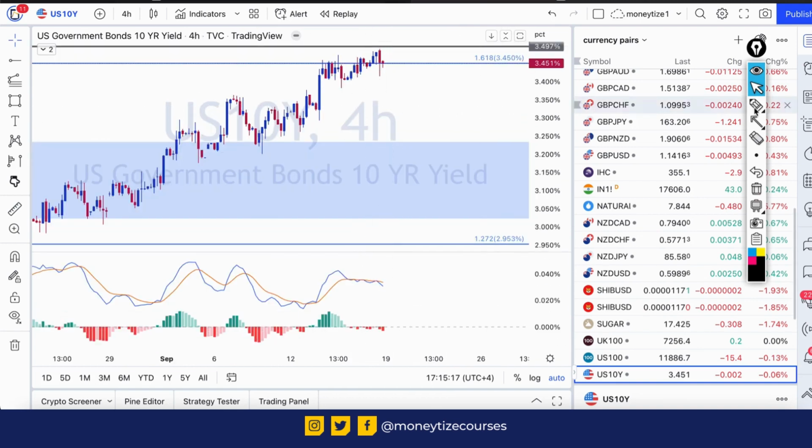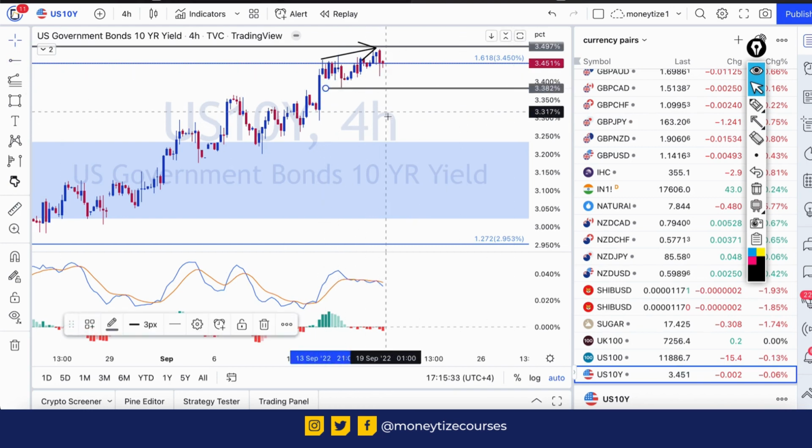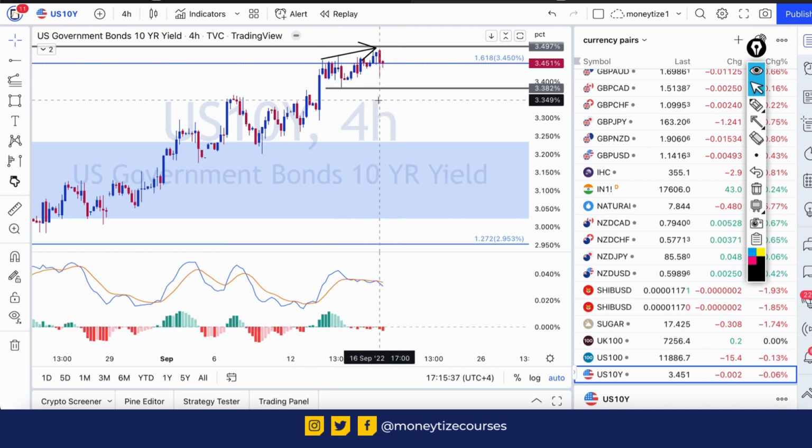For hourly, we have a different scenario. We have bearish divergence in play. Divergence in play means the divergence is visible, but we need a break below this level, which is 3.38, to confirm the bearish moves. So until 3.38 is intact, I will not say that it has turned bearish.